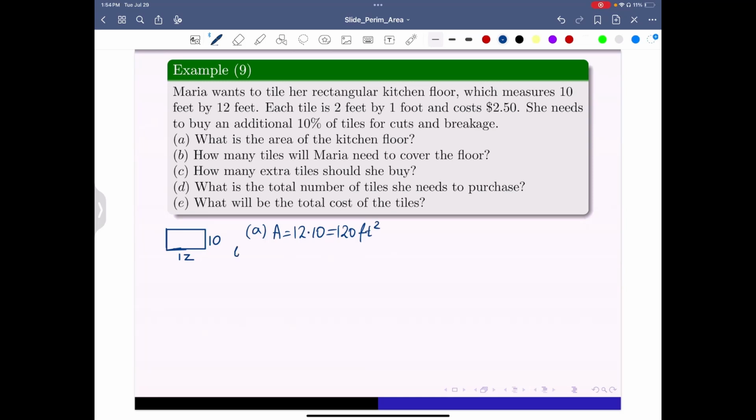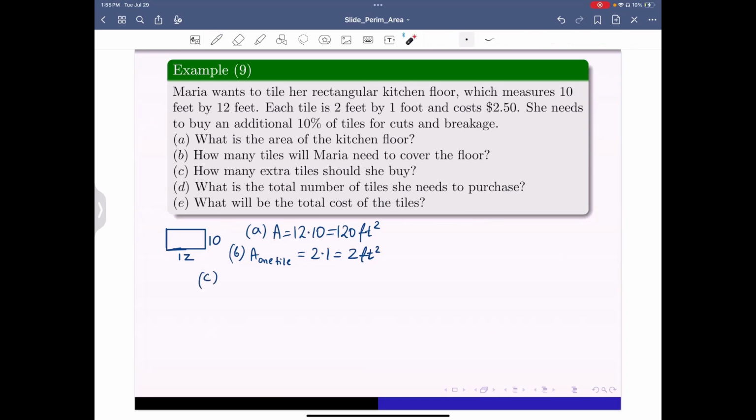Part B, calculate the area of one tile. Each tile is 2 by 1, so we're going to have 2 times 1. Area of one tile is 2 square feet.